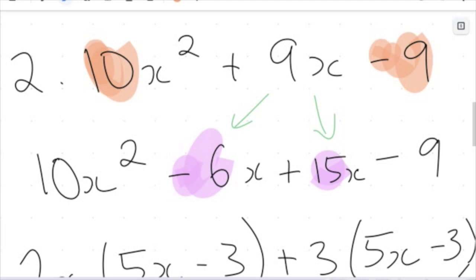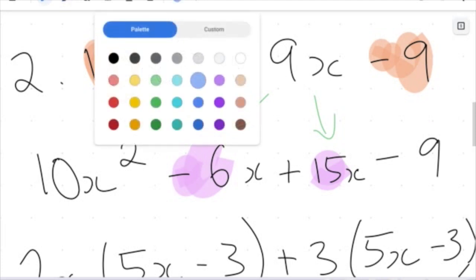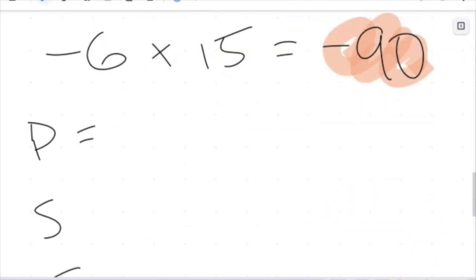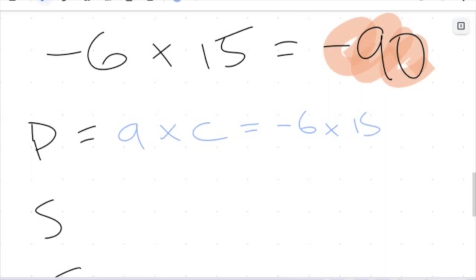If I have ax squared plus bx plus c, my product is no longer the c, my product is a times c, which is -6 times 15, which is -90.